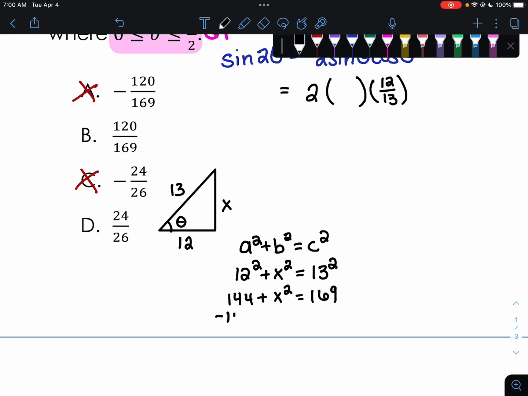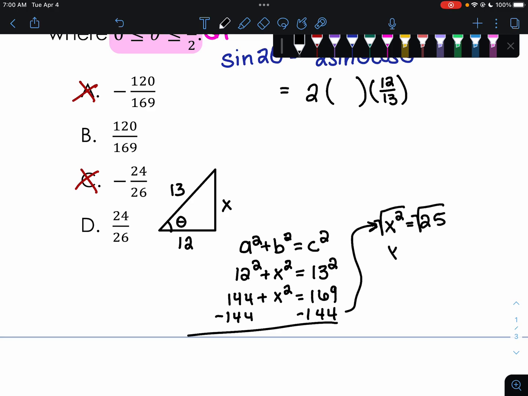If I subtract 144 from both sides, what that leaves me with is x squared equals 25. If I take the square root of both sides, I know that x equals plus or minus 5. But because we're dealing with distance, we only use the positive version. So I know that x is equal to 5.